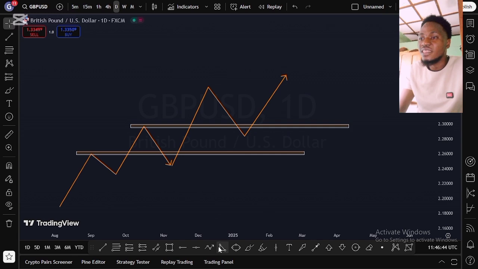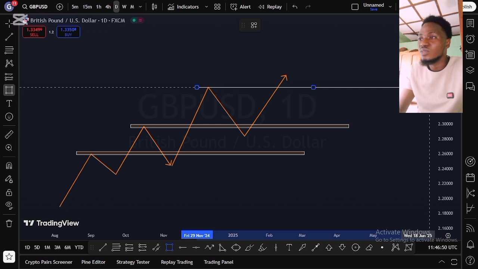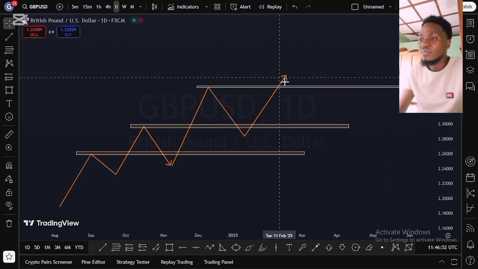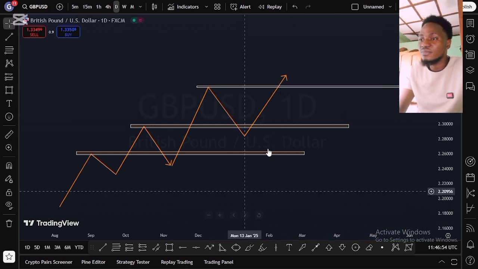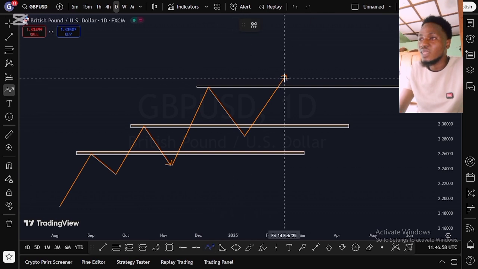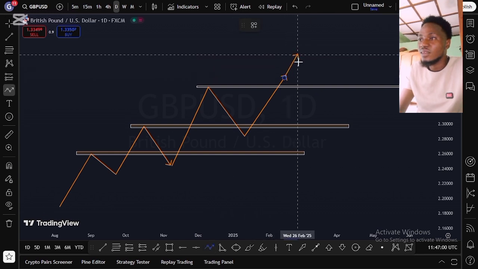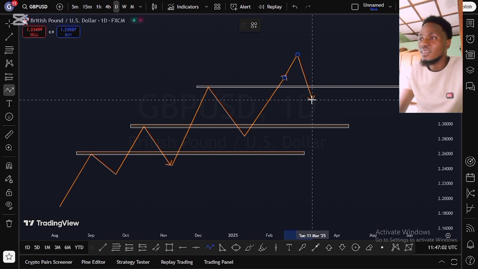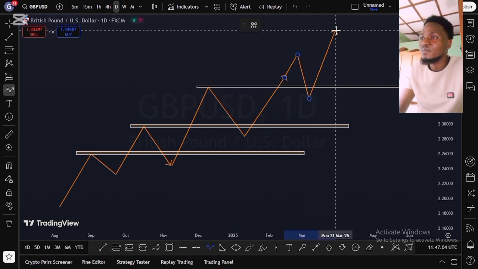At this point, you want to see the market pulling back into the zone. It might end up doing something like this, come like this, and jack up again.